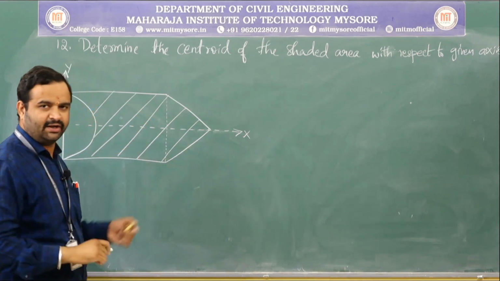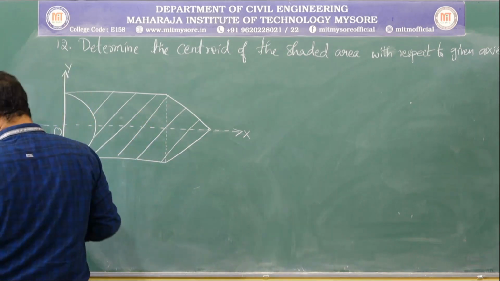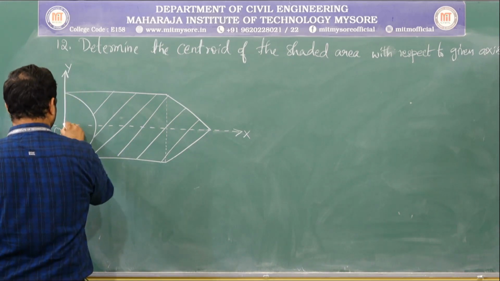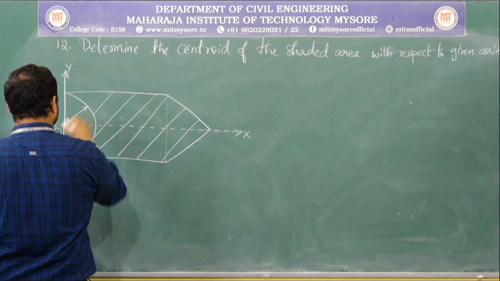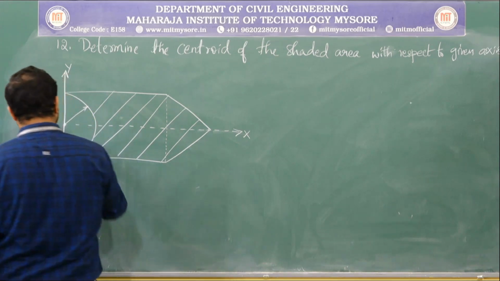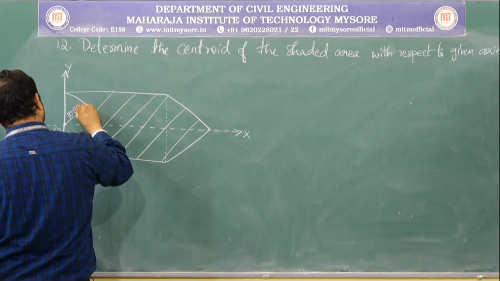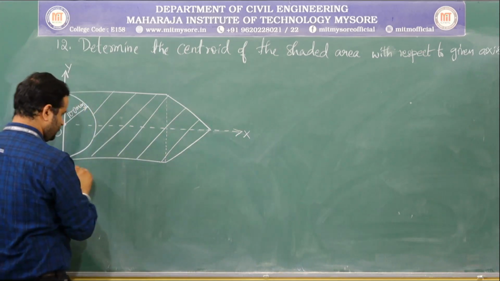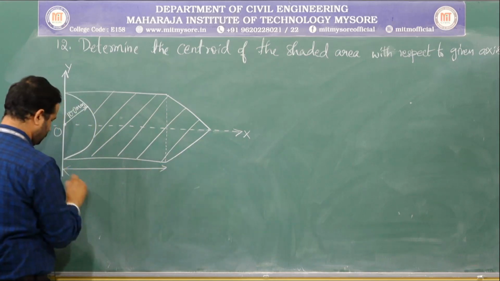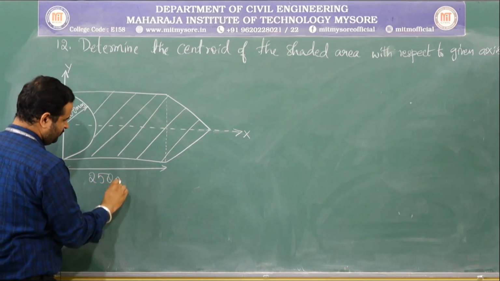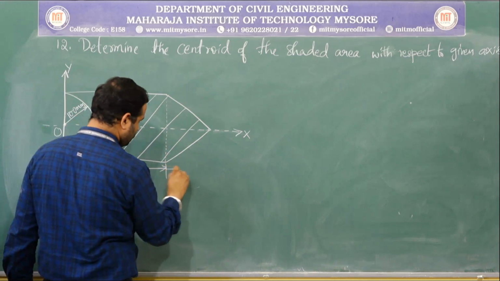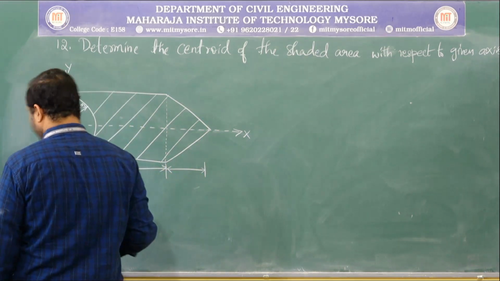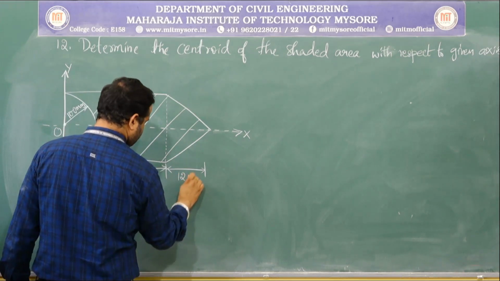So, this is the shaded area given. Let me write the dimensions. The radius of this semicircle is given as 100 mm. This is equal to 250 mm and this is equal to 120 mm.